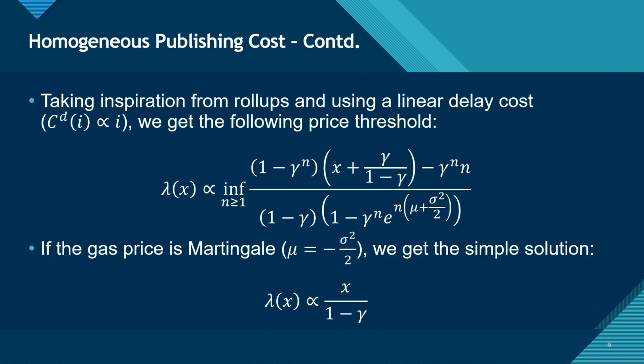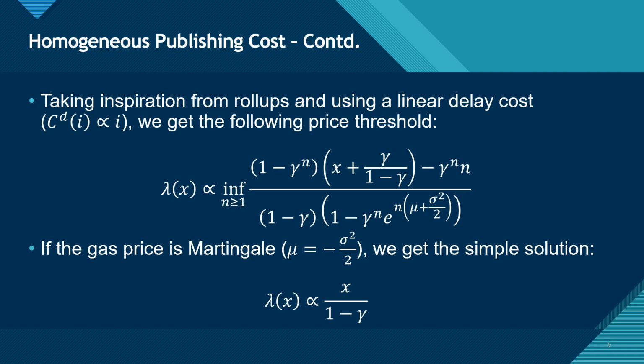Okay, we have a sense now of what is the optimal policy for homogeneous publishing cost. Now let's look at how this actually looks like in a real scenario using a linear delay cost, which is how we model rollups.